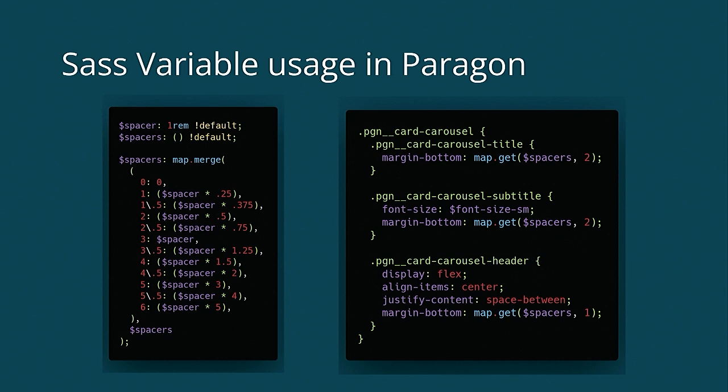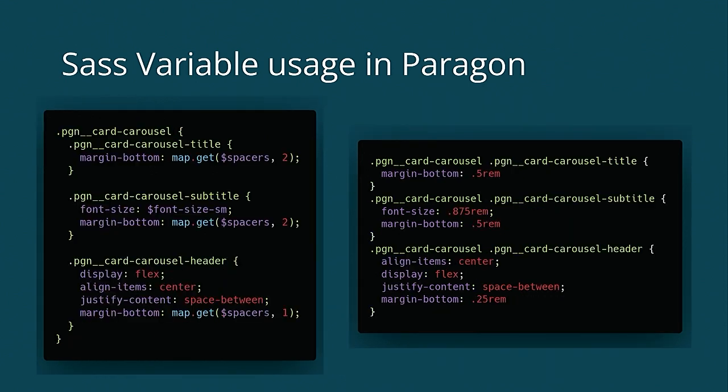Then you have what is equivalent to a dictionary in Python or an object in JavaScript, called spacers, with different entries for different sizes of spaces, like a spacer of 1, 1.5, 2, going all the way to 6. On the right-hand side, you can see that for the margin we are using a spacer size of 2, and for another one, a spacer size of 1. When this code gets compiled, it fills in those values in the CSS file.